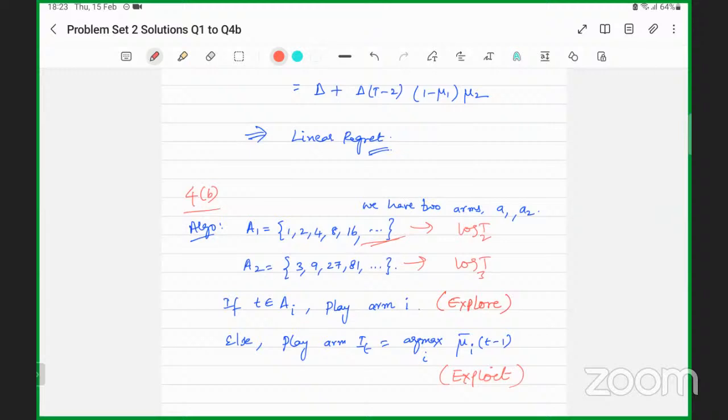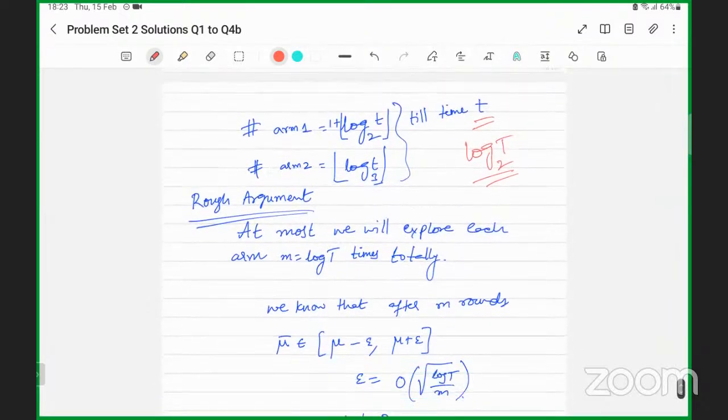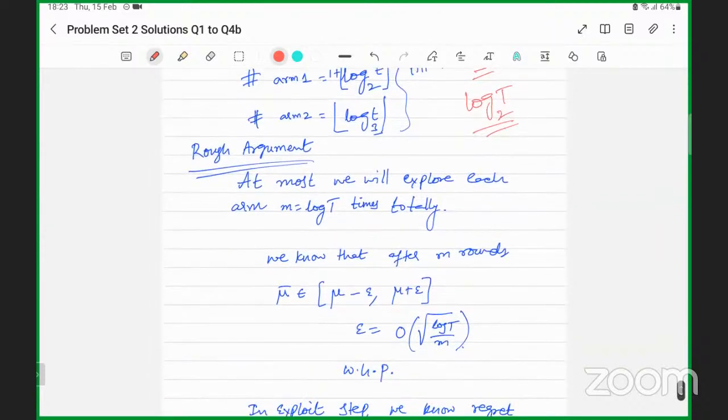So roughly at any point of time, the number of exploration rounds for arm 1 will be less than or equal to log T base 2, and for arm 2 it will be log T base 3.